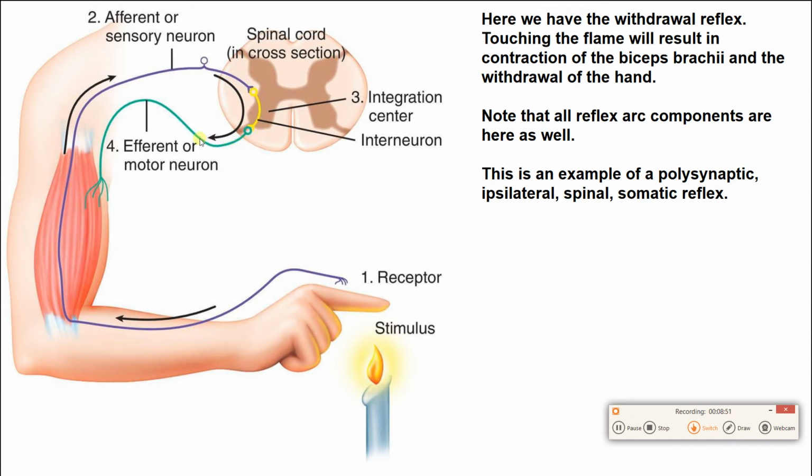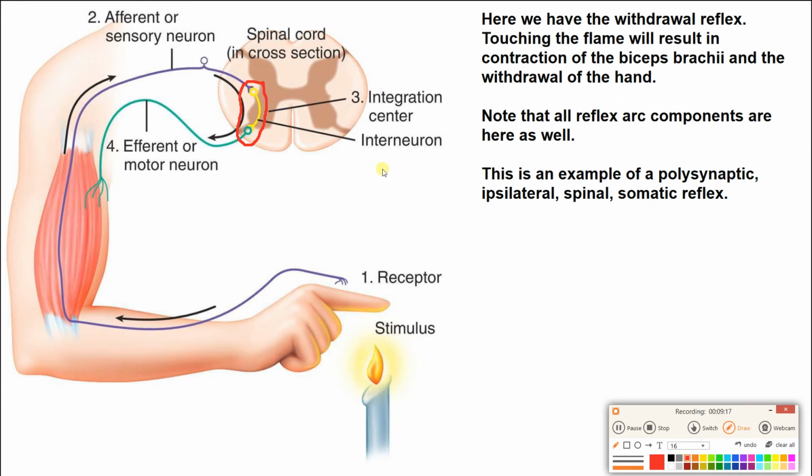Then we have our motor neuron going out to the skeletal muscle, the biceps brachii in this case, and that's your effector, causing you to withdraw that hand. So this is a polysynaptic reflex because we're going to have 2 synapses involving the integration center.